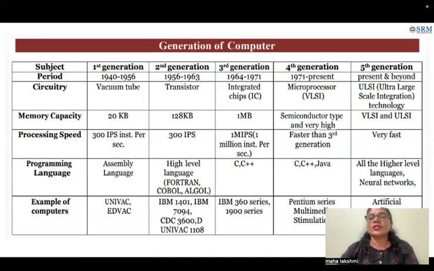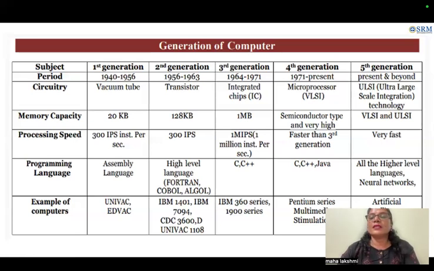And the fifth generation computers start from the present and go beyond; we have still not named sixth generations. The circuitry of the fifth generation is ULSI technology, ultra large scale integration technology, which is an advancement from VLSI technology. All system on chip technologies come under ULSI technology, which is faster than VLSI technology itself.